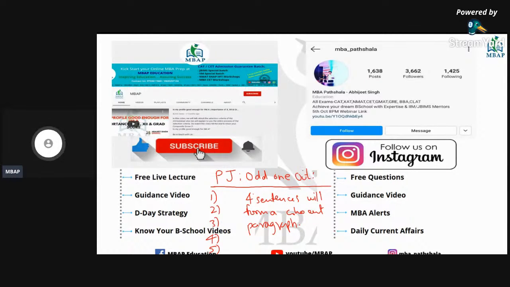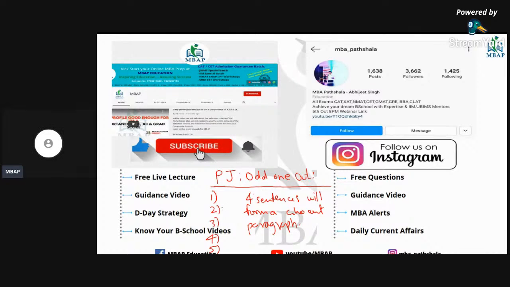As I was saying, in parajumbles, the two types of questions that you come across: the first type is wherein you need to arrange the given sentences into a coherent paragraph, and key in the sequence in the given box in your exam. On the other hand, the second type is the odd one out type of parajumbles.